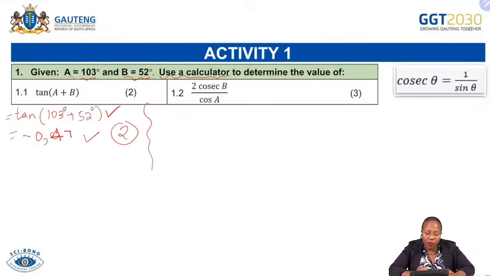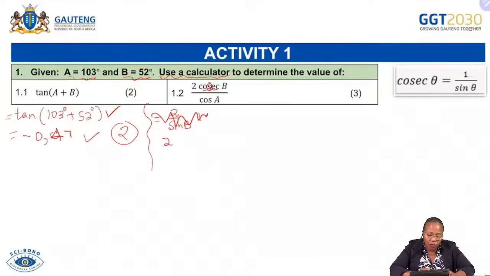And then with this one now, look at that, you are having a reciprocal there. The third letter is saying S there, that means it will be 1 over sine. So now it will be 2, because we have 2 on top there, over sine theta. And then we can automatically substitute, grade 12.